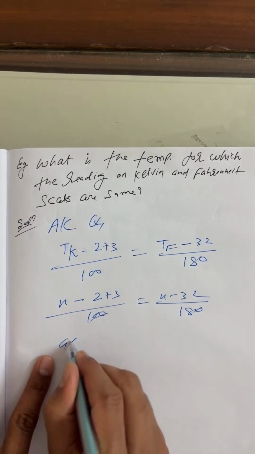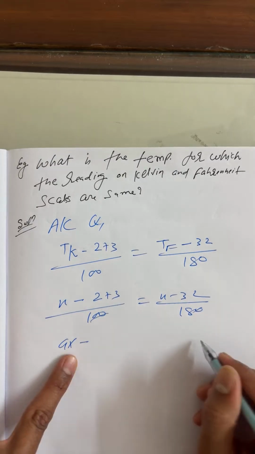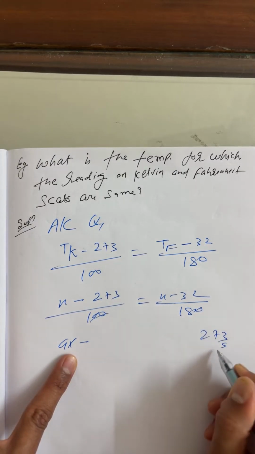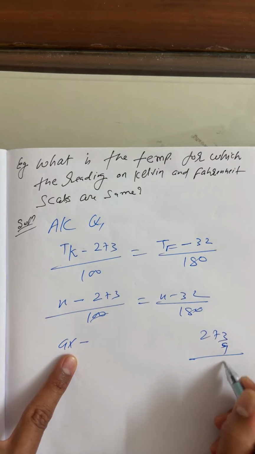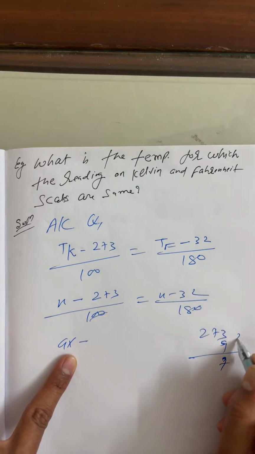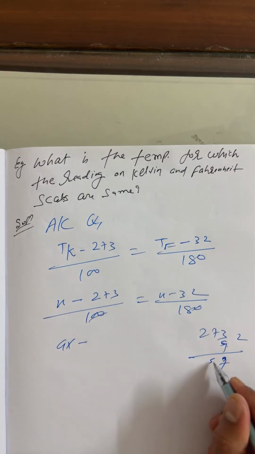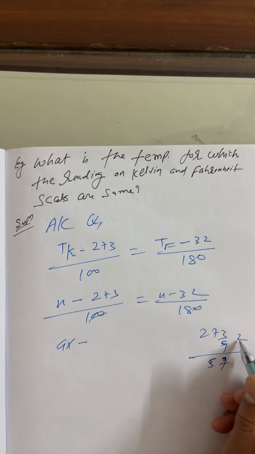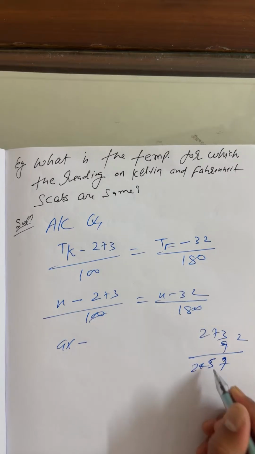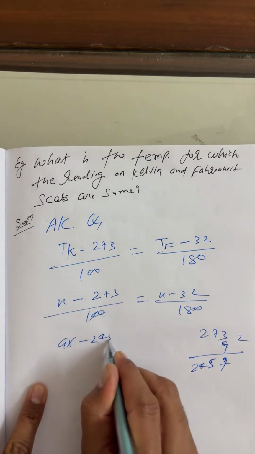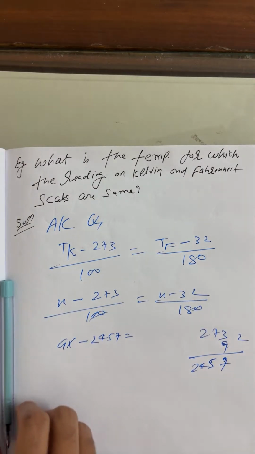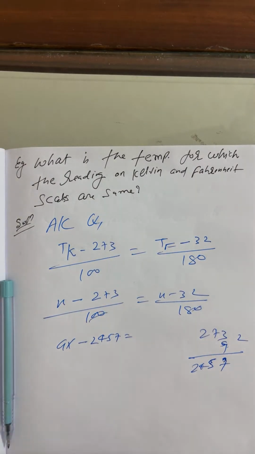So 9 times (x minus 273) equals 5 times (x minus 32). 273 into 9: 9 times 3 is 27, 9 times 7 is 63, plus 2 is 65, 9 times 2 is 18, plus 6 is 24, so 2457.